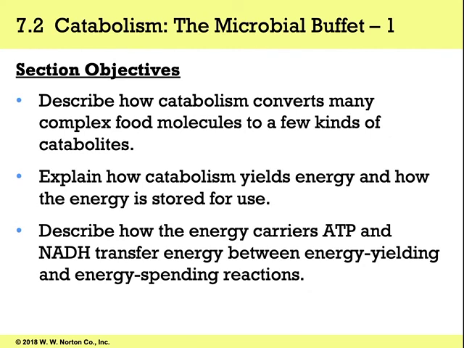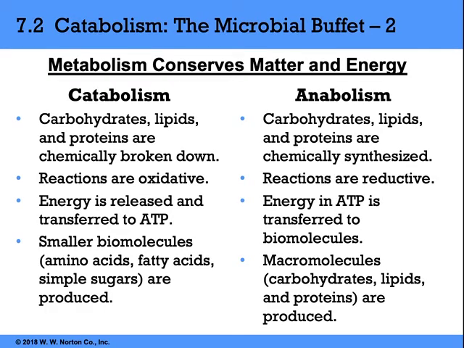So we'll talk about catabolism and catabolites, and we'll talk about high energy carriers like ATP and NADH, and energy yielding and energy spending reactions. So we talked earlier about catabolism and anabolism, right? In catabolism, we take molecules and we tear them up, and the energy that comes out from splitting the chemical bonds is going to be captured and transferred to a useful molecule that can be used to do work right away, and that molecule is generally ATP.